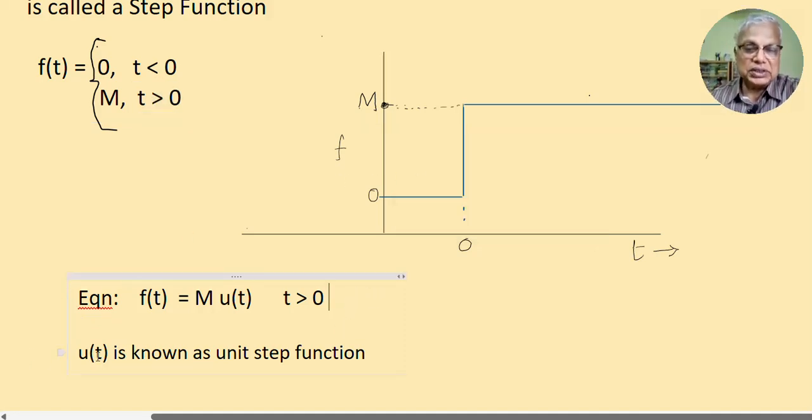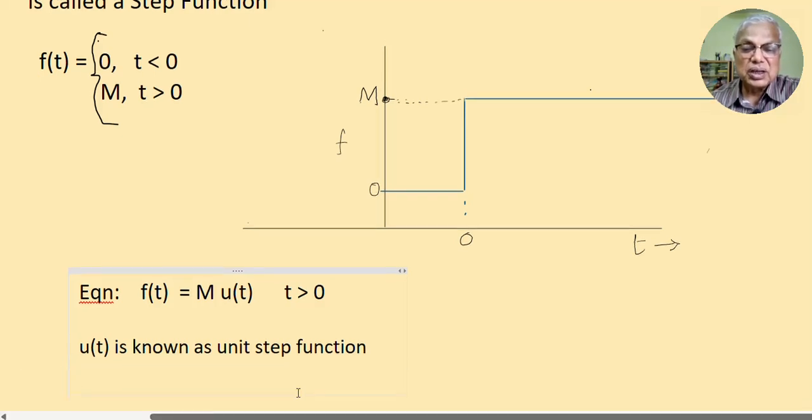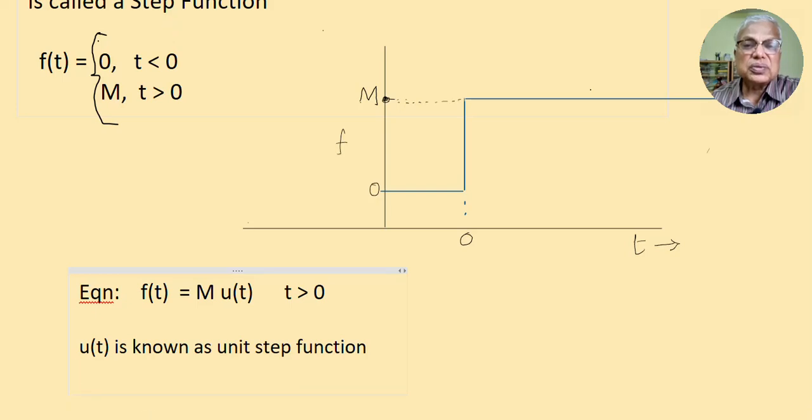The mathematical equation for that period is denoted by f of t equal to m into u of t. This is the algebraic equation to describe this function for t greater than 0.